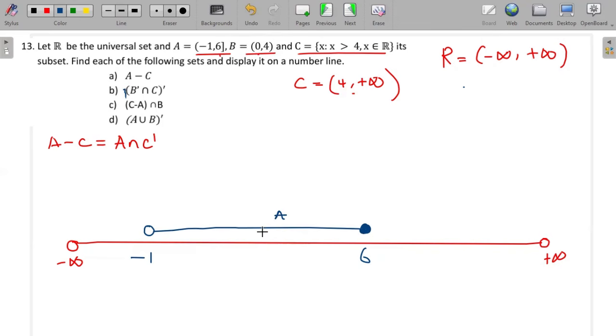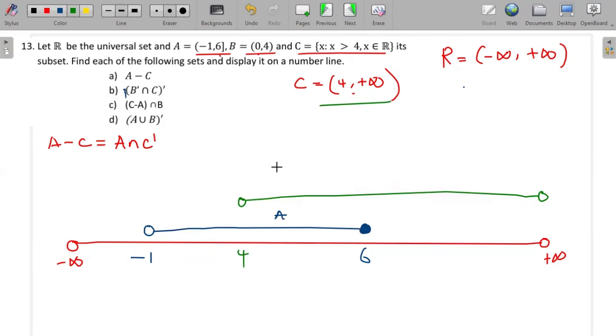Then where is my C complement? To find the C complement, we first plot C, which is 4 to positive infinity. So 4 can be somewhere there. I'm starting at 4, open because there's a curved bracket, going all the way to positive infinity, and open there as well.